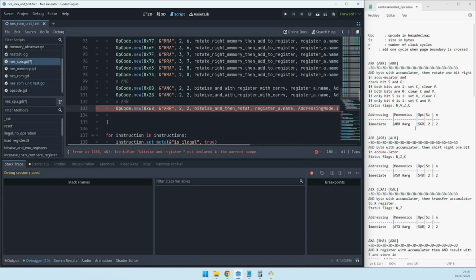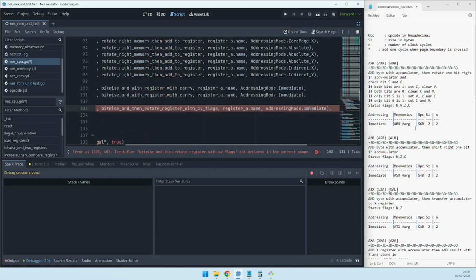Then rotate register with flag, with CB flags. It's a weird instruction, but the important thing is it takes few cycles.